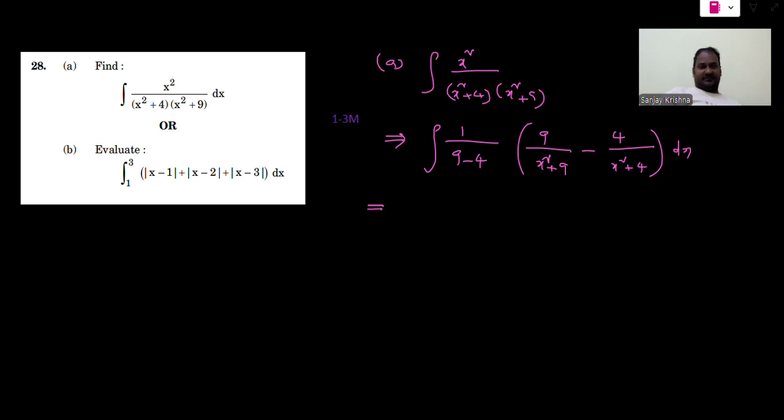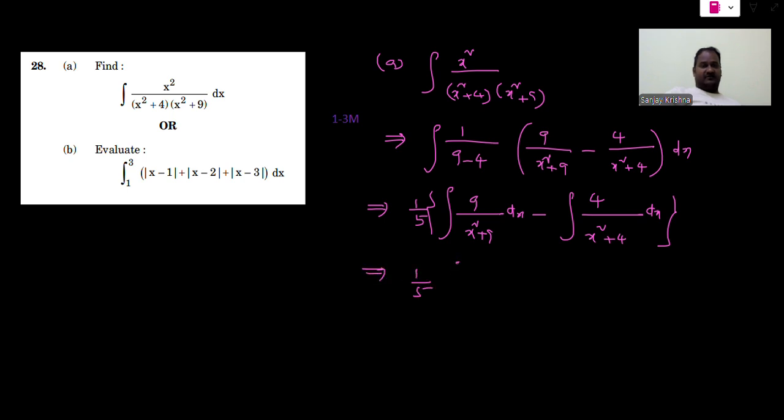Alright, that implies 1 divided by 9 minus 4 is equal to 5, right? So 1 divided by 5 into integral 9 divided by x square plus 9 into dx minus integral 4 divided by x square plus 4 into dx, right? So then this is in which form? 1 divided by 5 into 9 integral dx divided by x square plus 9, which can be written as 3 square.